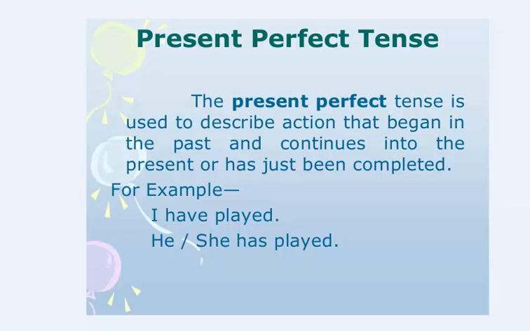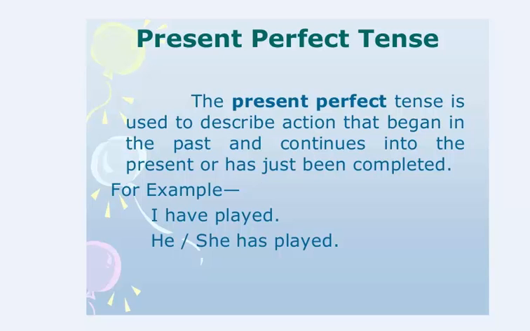The key point is the link between the past and the present, continuing in the present, or that has just been completed. For example, I have played. So I am playing, or I was playing in the past but continue in the present. So I have played. He, she has played.